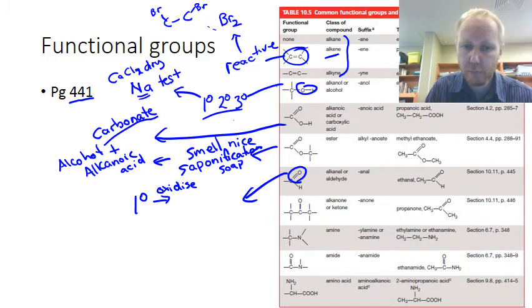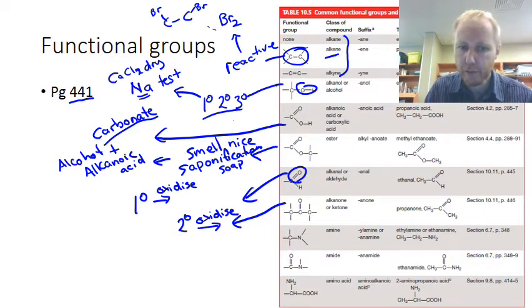So there's two steps to a primary alcohol oxidation, whereas with a ketone or an alkanone, there's only one step for a secondary alcohol when they oxidize, and that is to a ketone. Okay, and that should be a double bond. I don't know why that wasn't very clear. That's a double bond oxygen there. But you can see how there's carbons either side of that carbon, whereas up here there's not.